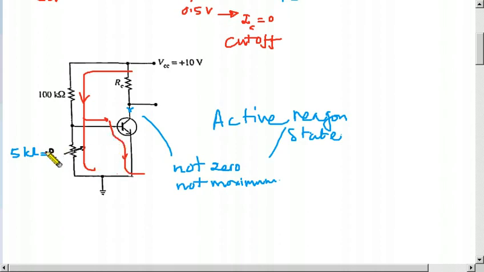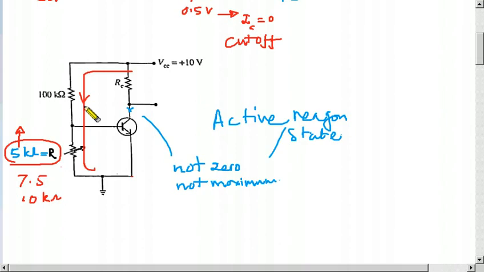In the cutoff region, this resistor was too low, therefore all the current coming from this 100 kilo ohm goes to the ground. So to divert some current to this base side, we should increase this resistor a little bit, something like 7.5 or 8, 10 kilo ohms, not much more than that.